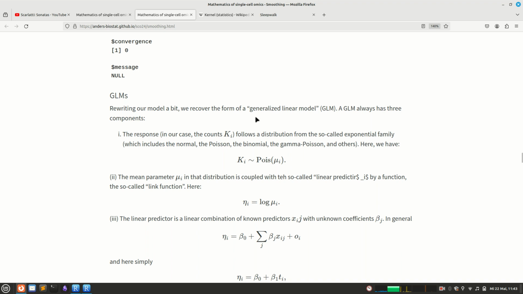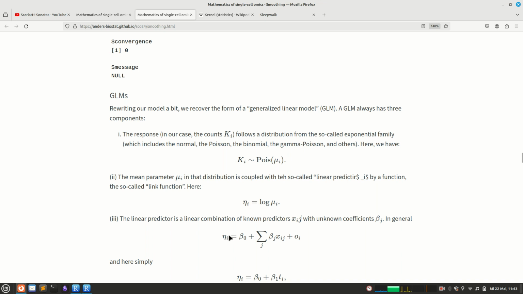And now we can use it to set up a generalized linear model as follows. I say k_i is the number of clicks at time point i, and I say this is a Poisson distribution over the expected number of clicks mu_i. Then what you always do is transfer this mu_i onto a linear scale, here by taking the logarithm, and I get an eta_i, which is just the log of this.